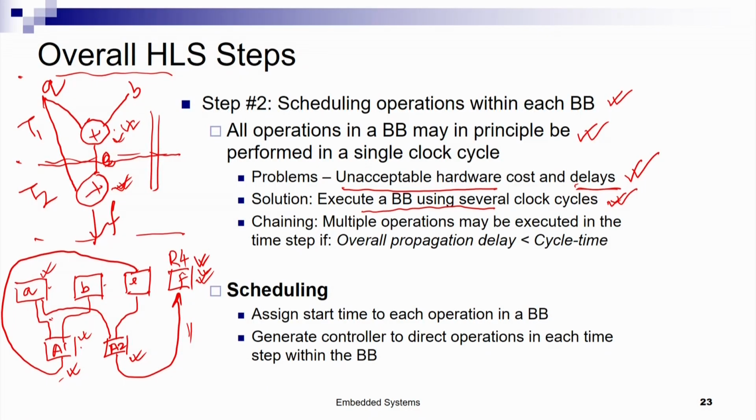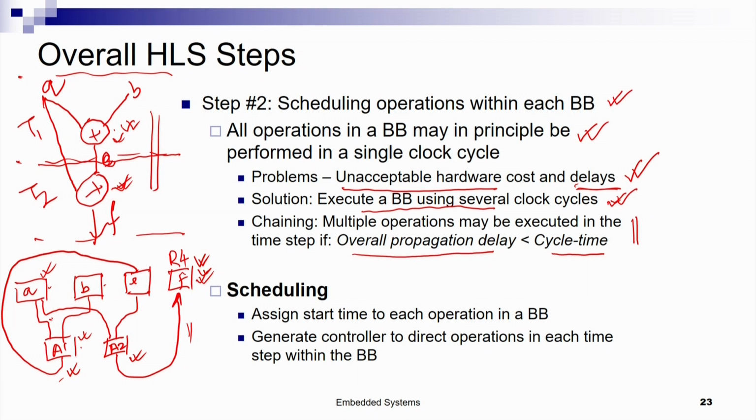So, as a solution to this, people suggested chaining, in which multiple operations may be executed in a clock step if the overall propagation delay is less than the cycle time. So, what does chaining allow? As we saw, multiple operations can easily be incorporated, but the problems are we need sufficient hardware and sufficient delay.